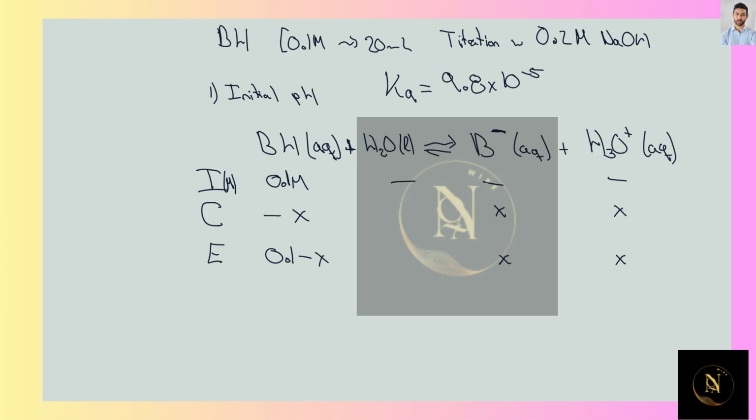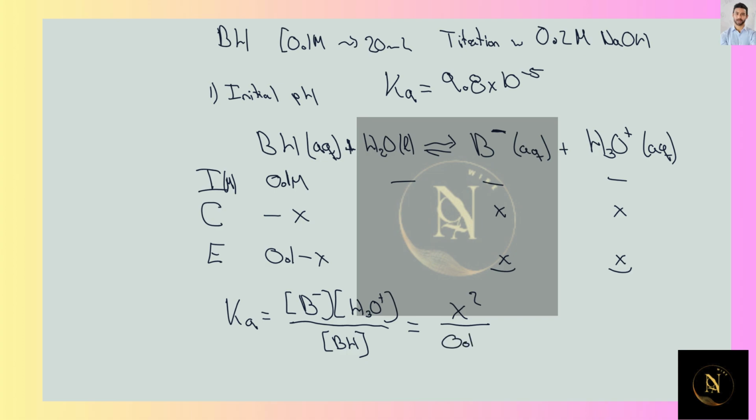So we can write down the Ka as the product of the concentration of the anion and the concentration of hydronium, divided by the concentration of the acid. Changing the values to those from our ICE table, this becomes x squared divided by 0.1 minus x.